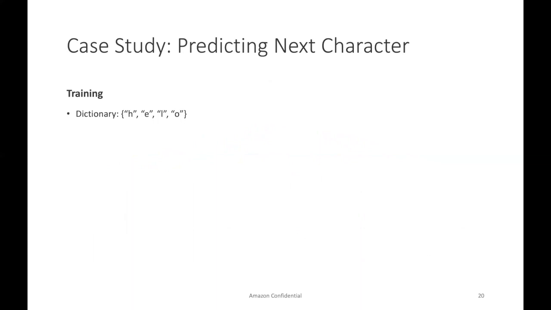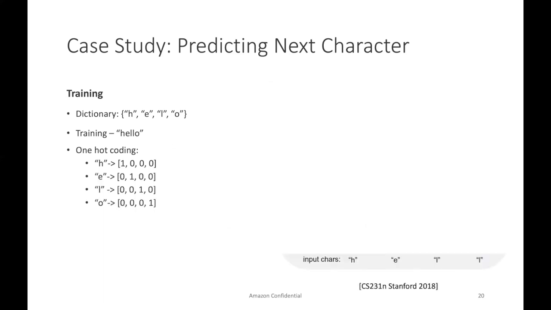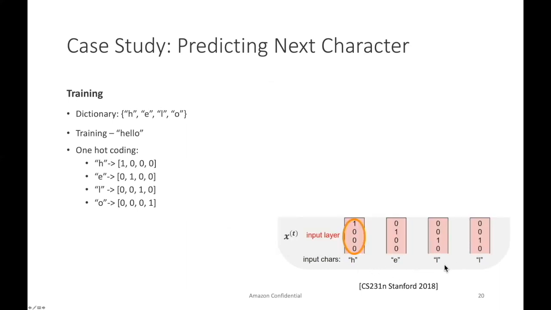So we will take a small example here, for example, how do you predict the next word, or the next letter, the next character in a word, and how can you do that? For example, our training data will be this word hello, and we will do a one-hot encoding to denote which letter is incoming, and these letters are represented as one-hot encoded.